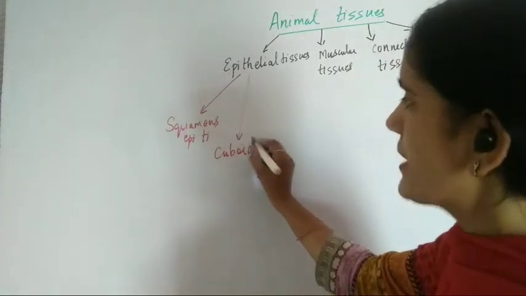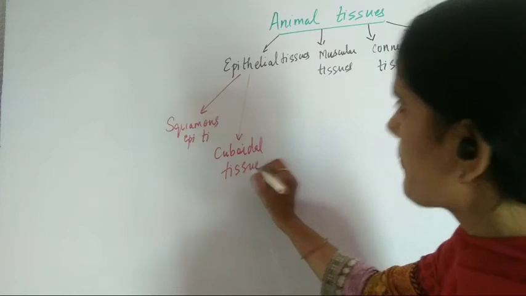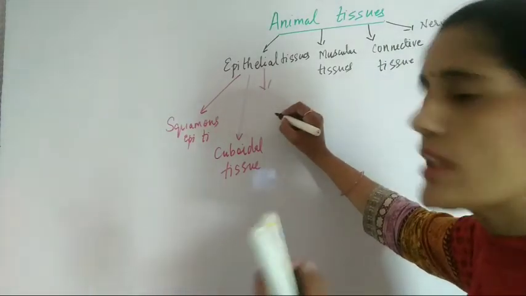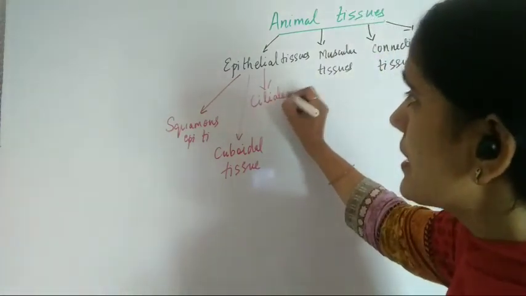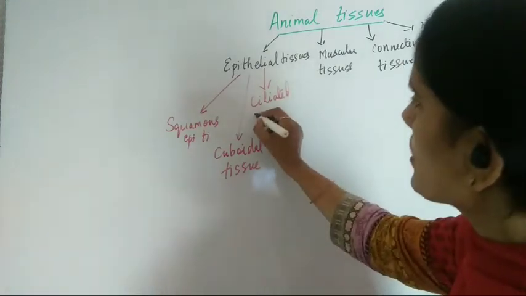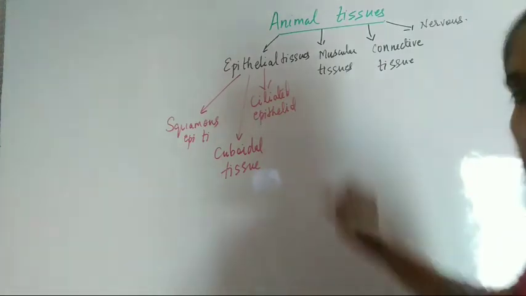Cuboidal means it is cuboidal in shape. Next one is ciliated epithelial tissue. Ciliated means cilia is present, a hair-like structure.